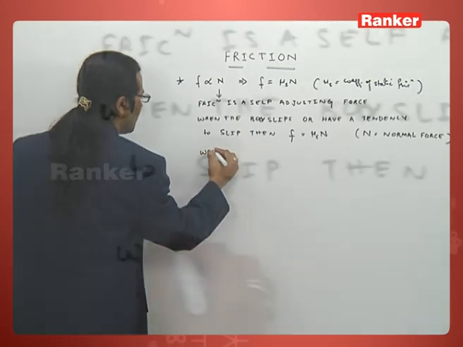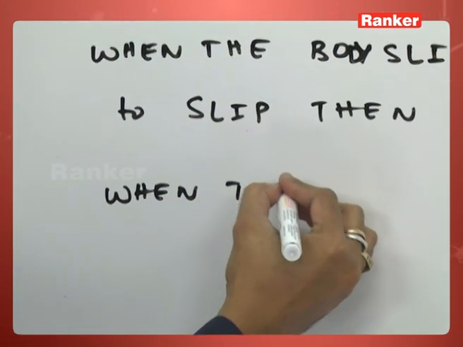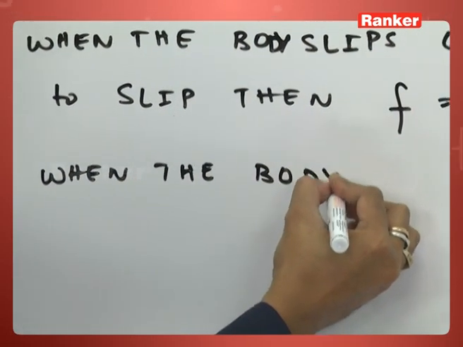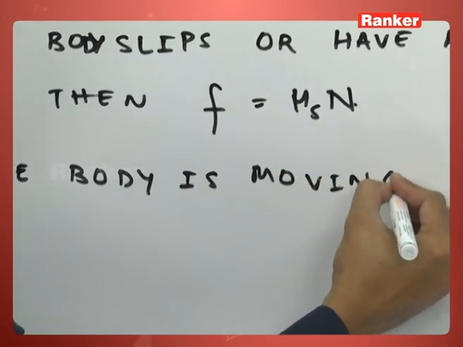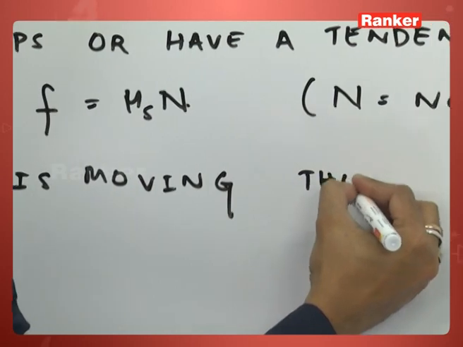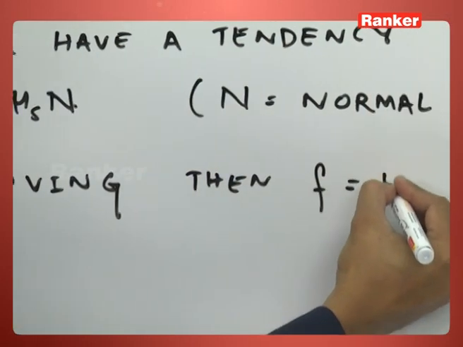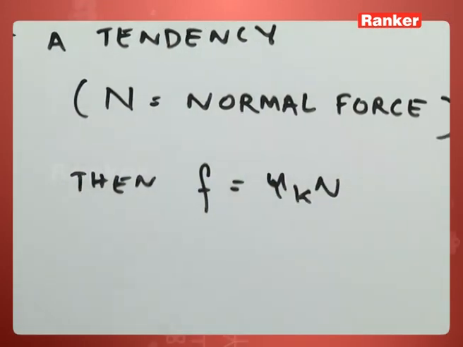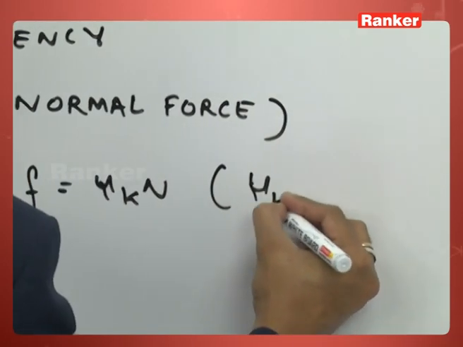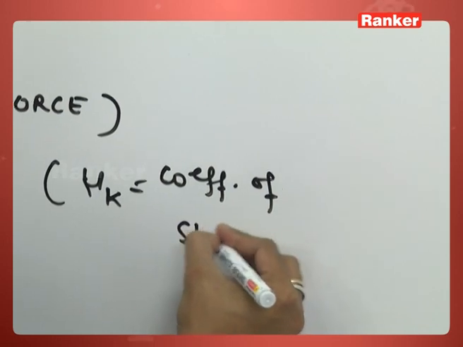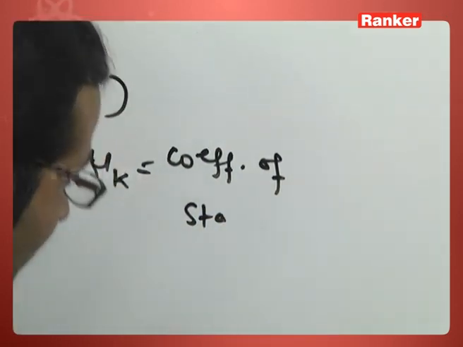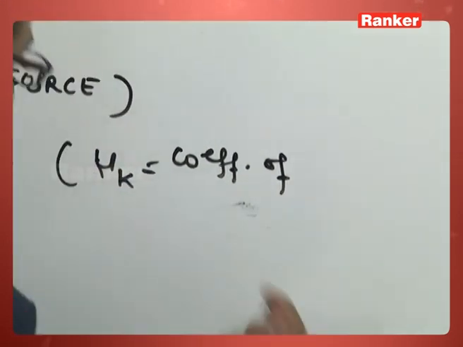When the body is moving, then F is equal to mu k into N. What is mu k? Mu k we take to be the coefficient of kinetic friction.